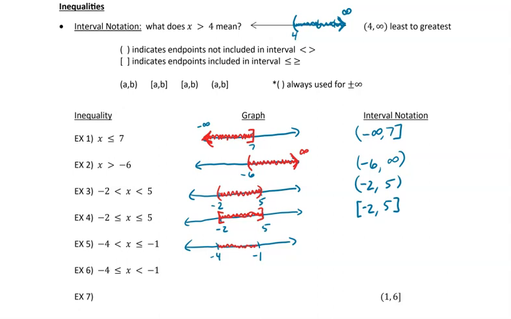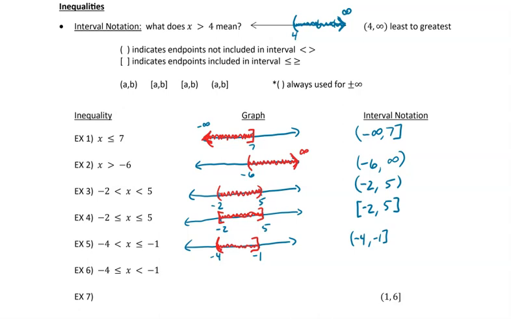So -4 is less than x. That means -4 gets a parentheses. And x is less than or equal to -1. So that means that one gets a bracket. So we are going to have -4 with parentheses to -1 with a bracket.